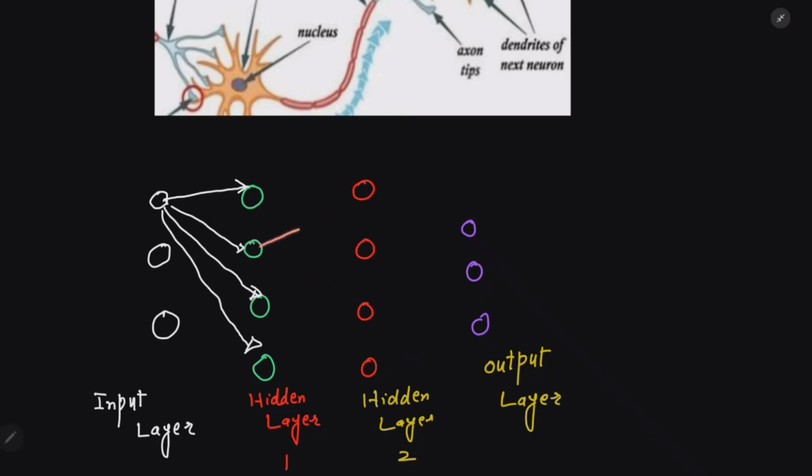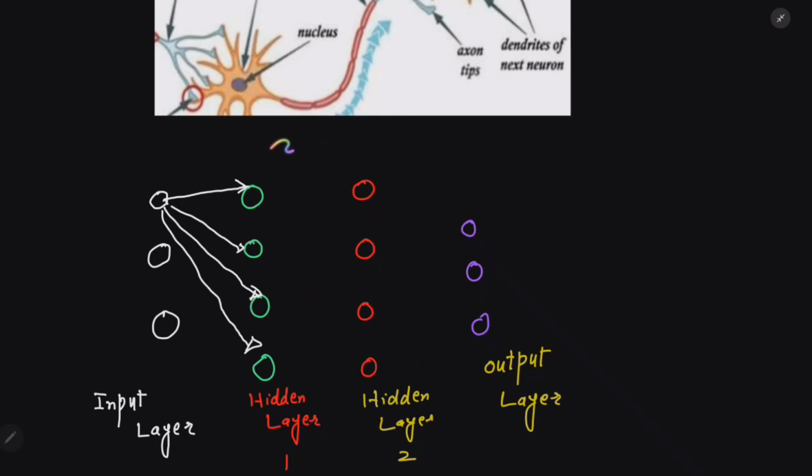Similar to the first neuron that has communicated with hidden layer 2, the second neuron communicates with all the other neurons. As you can see, for hidden layer 1, this was the input layer.